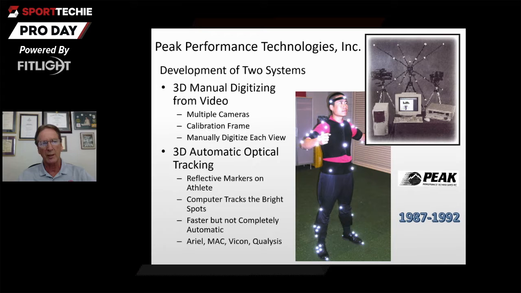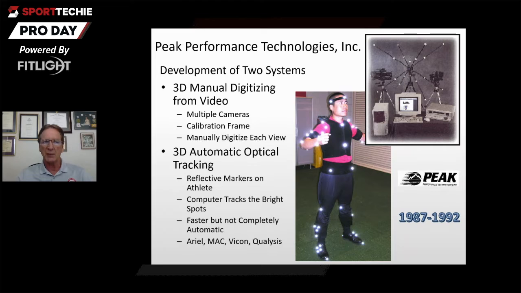You tell the computer where those are in space, and then that allows it to understand where an origin is, where the reference frame is, and what basically it allows it to transfer from pixels to meters. But you still had to manually digitize from each view. And now instead of having one camera, you would have 2 cameras or 3 cameras. So this is a very, very laborious process with 3 dimensions versus 2 dimensions.